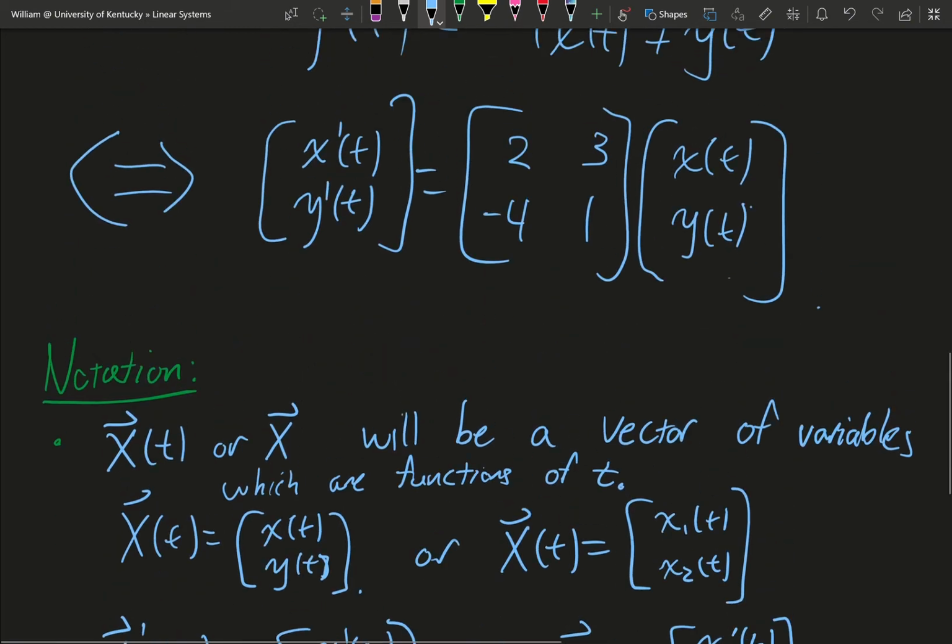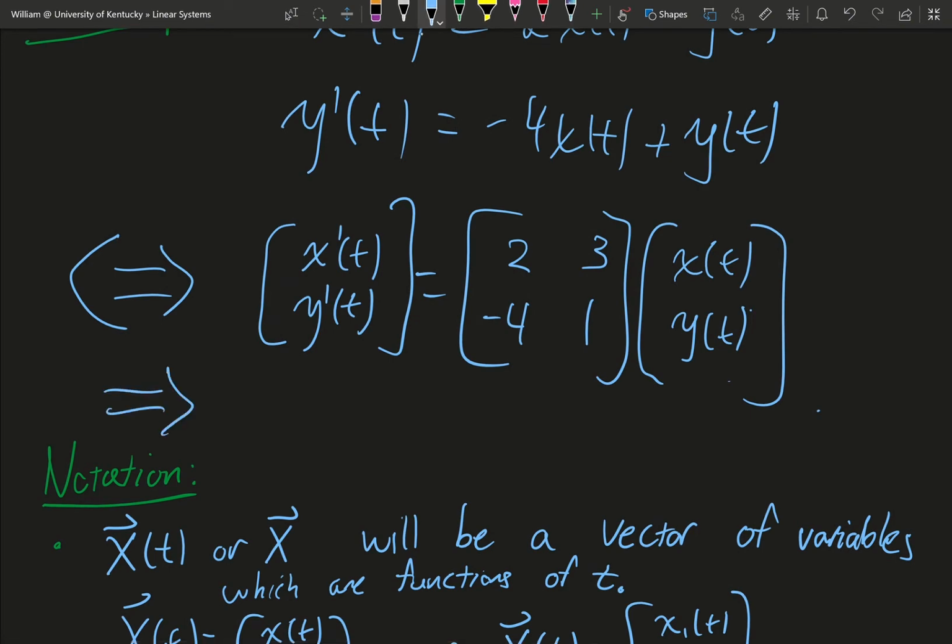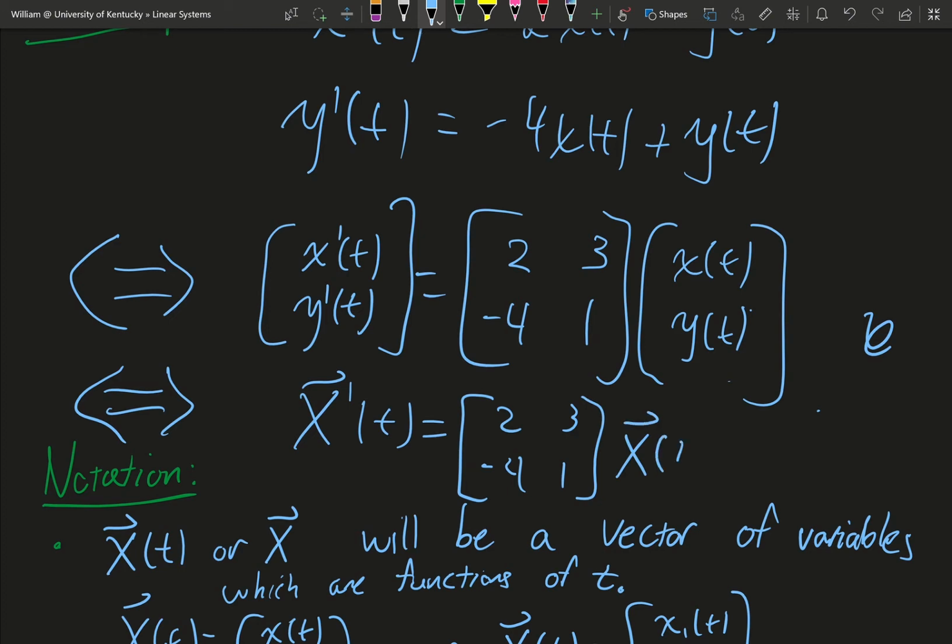All right, so given this notation, though, we could rewrite this in one more different way, which is capital X bar prime of t equals, okay, 2, 3, negative 4, 1, capital X bar. And this is sort of the form that you're going to be given these sort of problems.